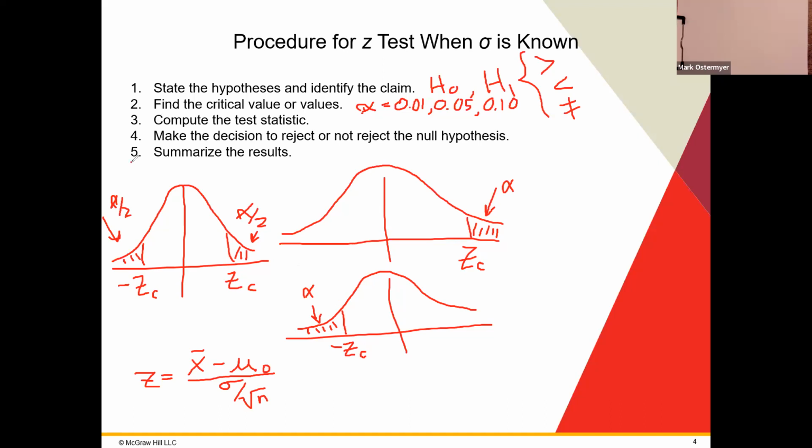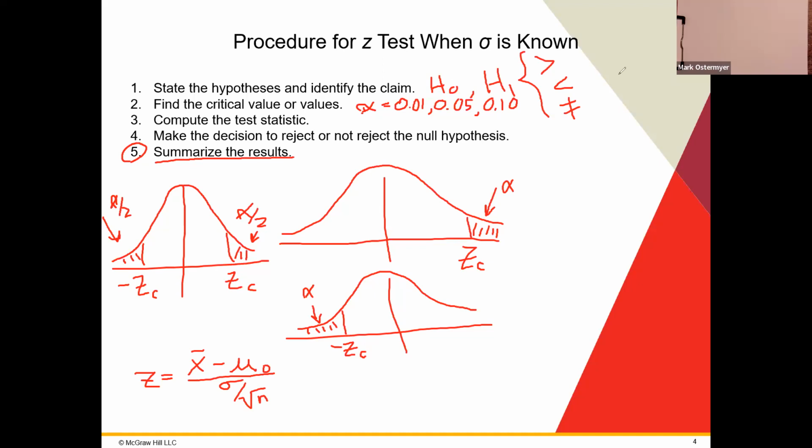And the last step, by far, really is the most important step of this entire procedure, because it summarizes in plain English the results of our test. And I think I indicated last week that when you state your conclusion, please do state it in a plain, simple English statement that maybe a 10 or 11-year-old could even understand.